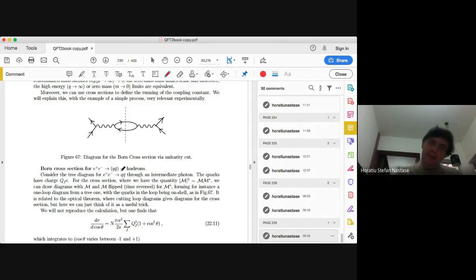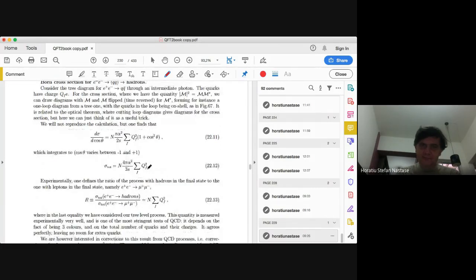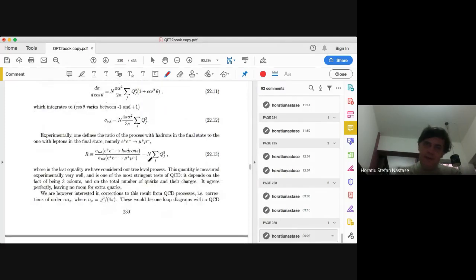Remember that then we have this hadronization business, where Q Q bar goes to hadrons. So this is the value at tree level, in perturbation theory in alpha strong at zeroth order.